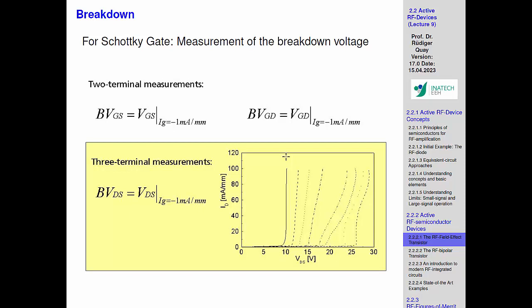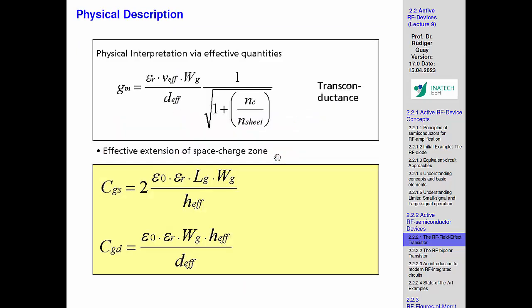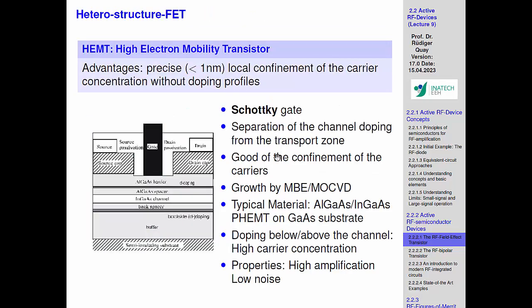For the Schottky's, we also have breakdown, but the related breakdown is better, because what we can do easily is not putting everything into this oxide, and you see the difference here. Just for those who really want to go into the details, we can play with this layer here.